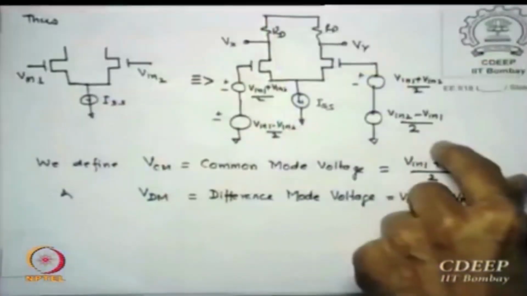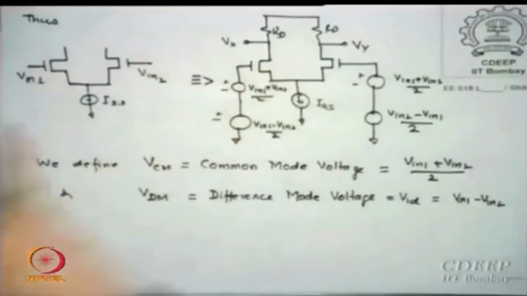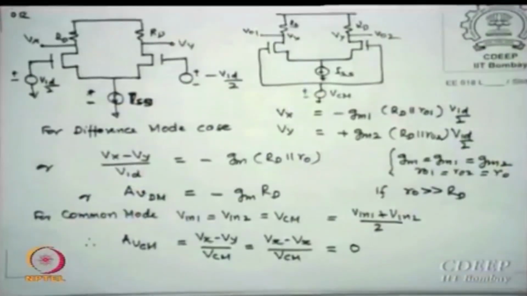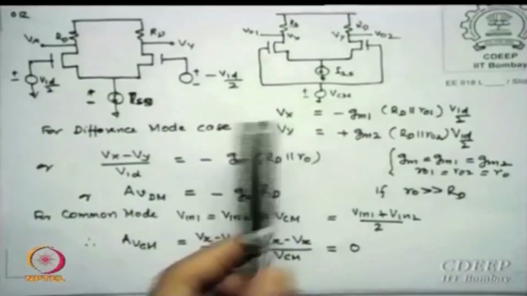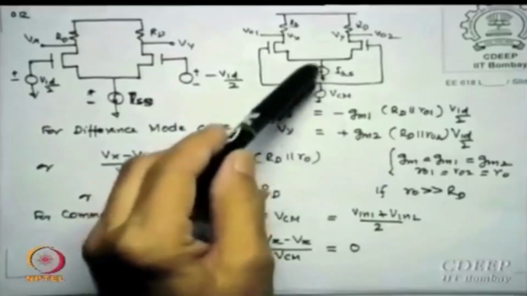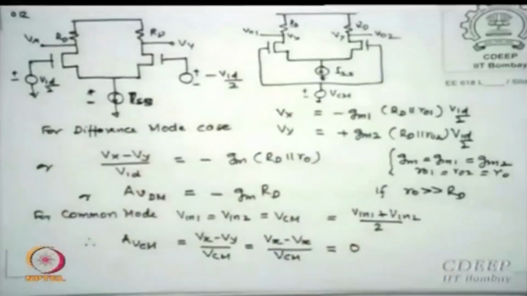You can see this is plus Vid by 2, this is minus Vid by 2, and Vcm is the same, which makes my job much easier, because if Vcm is the same in both cases then the circuit becomes even simpler. So I have 2 circuits to solve: one with plus and minus Vid by 2 for the difference mode, and another equivalent circuit for the common mode, where Vcm is common to both.